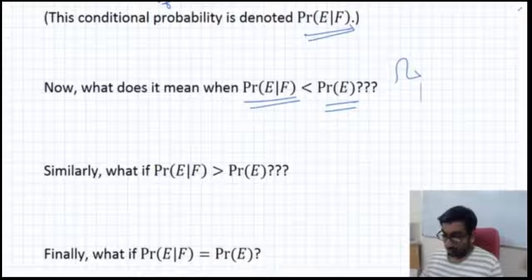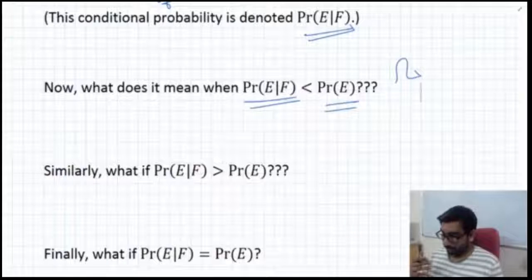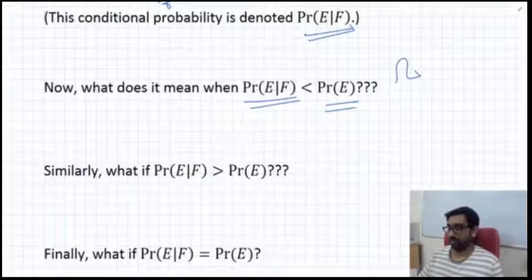Now, if this probability of E given F is less, what does that mean? If you know that F has occurred, then the probability of the event E is now reduced.